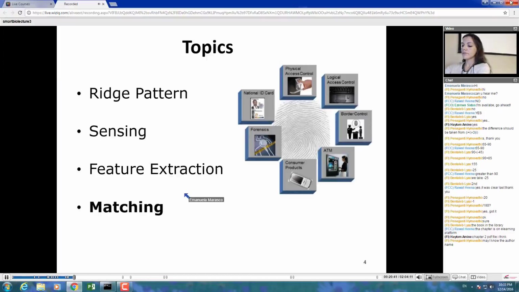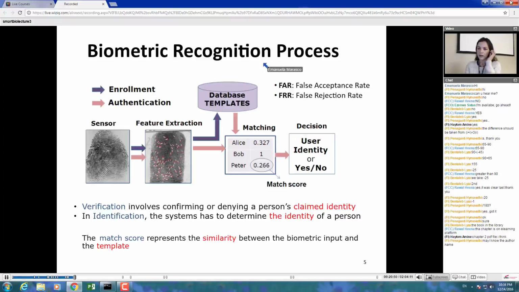And now the matching. So we are at this point here, so we are now considering the matching. So we have the acquisition of the image through the sensor, feature extraction, and then in case of verification, a claim identity declared as input, and we retrieve the template corresponding to the claim identity. So we have two sets of minutia.